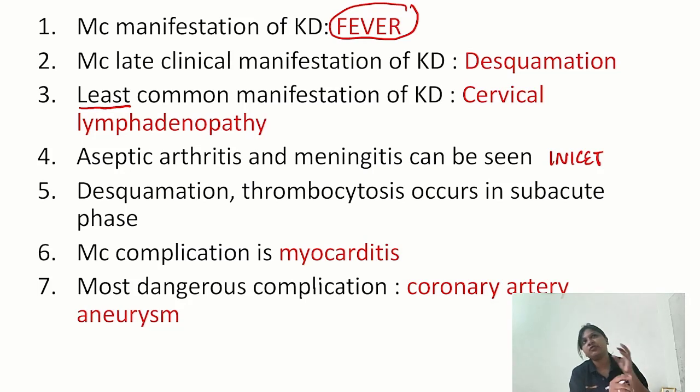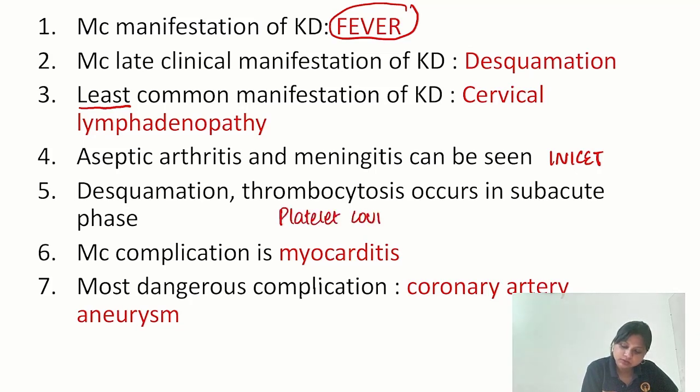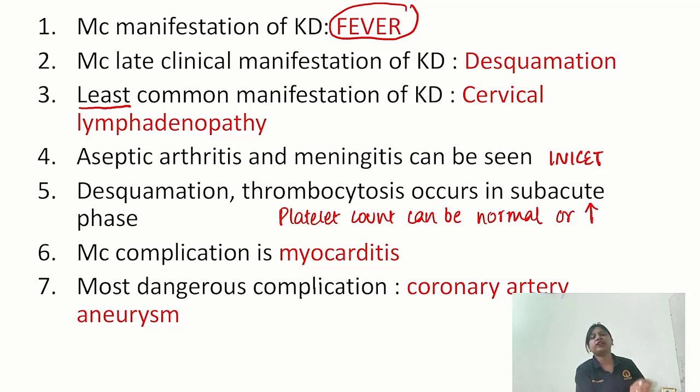Now please remember, if I ask you, what is the status of platelets in Kawasaki disease? Platelet count can be normal or increased. Usually it is normal in the first week and it increases from the second week onwards.